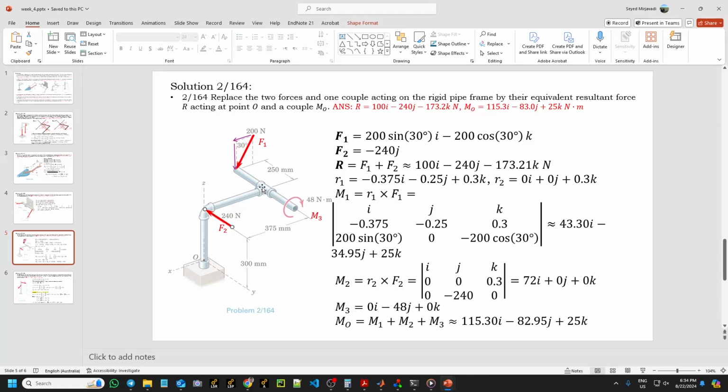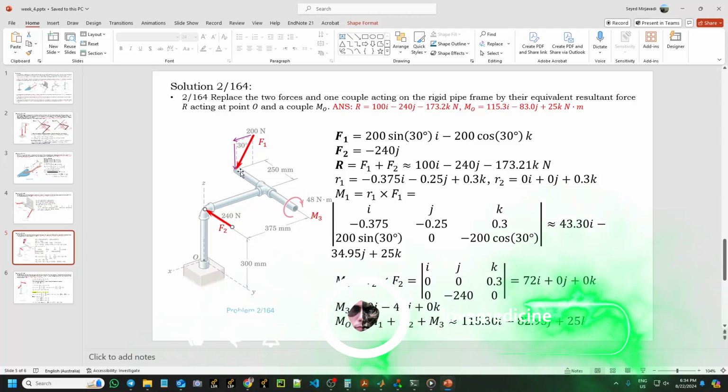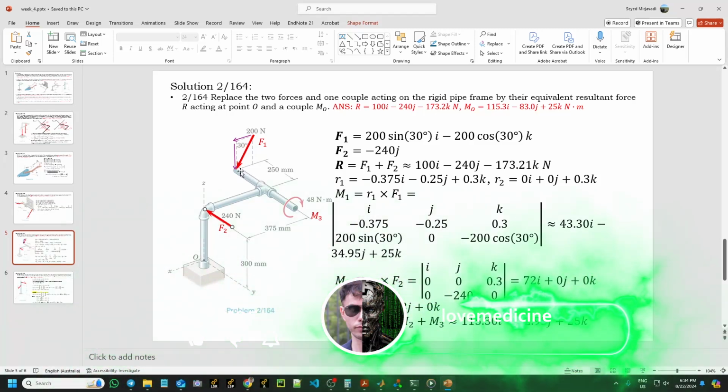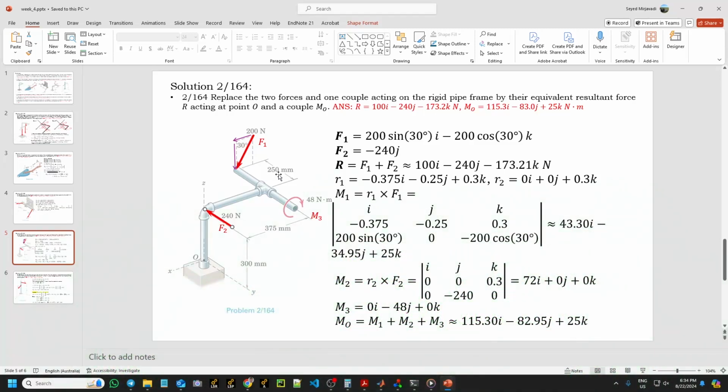And from this point to this point, this one is parallel to the Y, but we are walking in the negative direction of Y, so it will be negative. 250 millimeter, we divide this by 1000, so it will be negative 0.25 J.